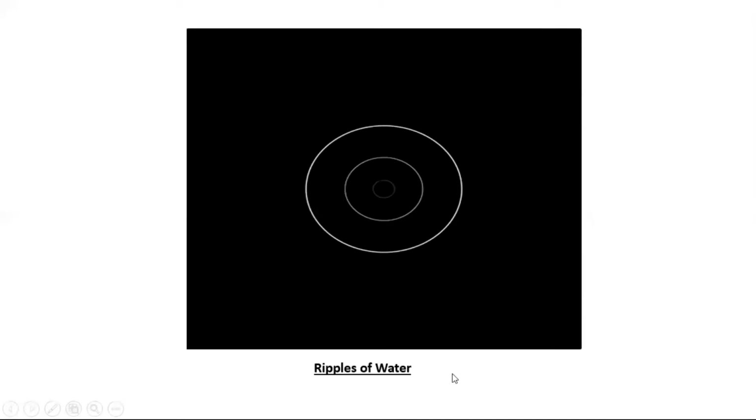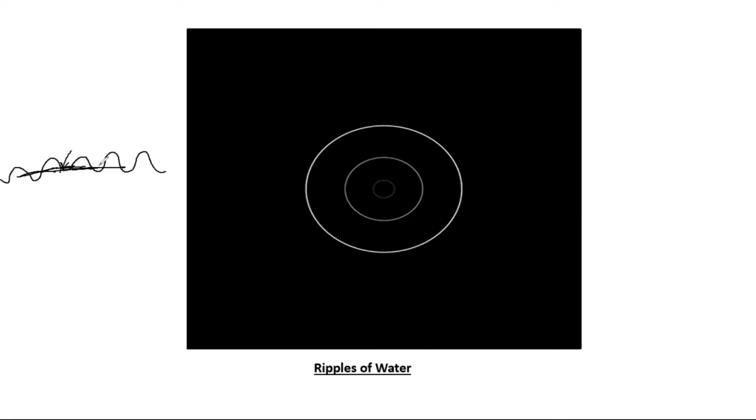Let's say this is the surface of water, and if we throw a stone here, we observe waves generated in the water, spreading out in all directions.